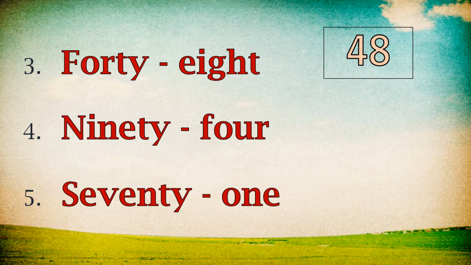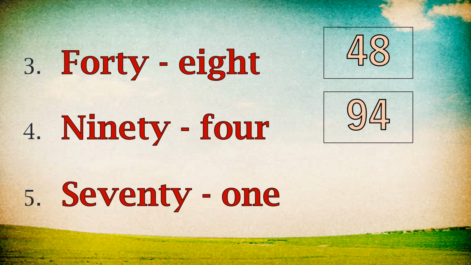Number 4, it's 94. Do you know how to write 94? Yes, this is 94. Did you get the right answer? Great job, kids. Very good. Next, number 5, 71. Okay, ready for the answer?